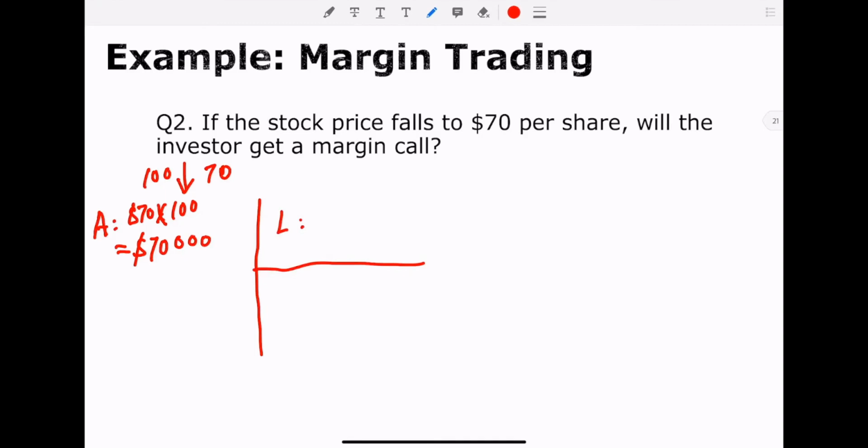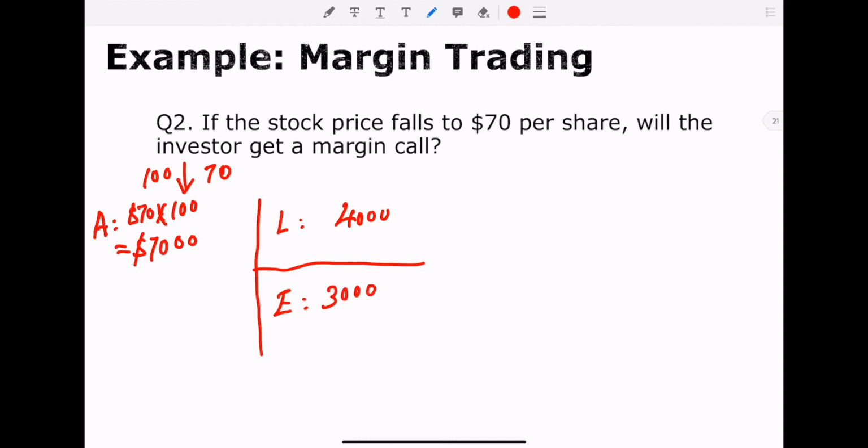It's still $4,000. That is your loan. You have borrowed $4,000 from your broker to purchase the Facebook stock. Now, what is equity? It's obvious that equity equals asset minus liability. So this tells you it's $3,000.